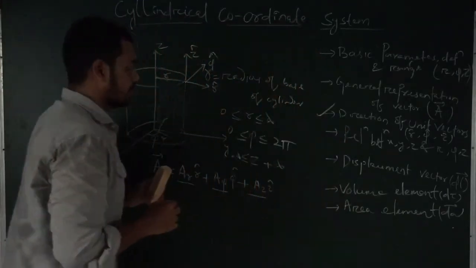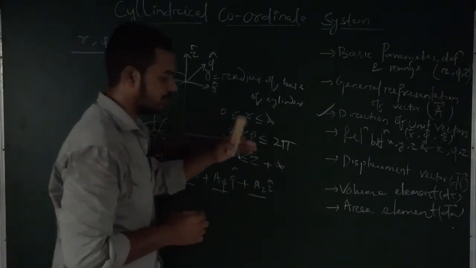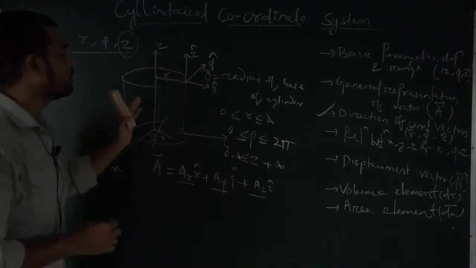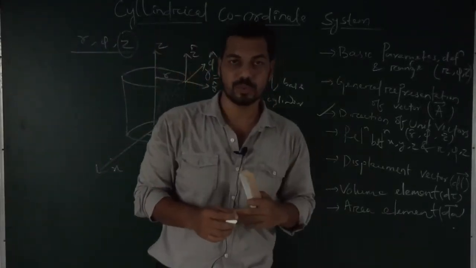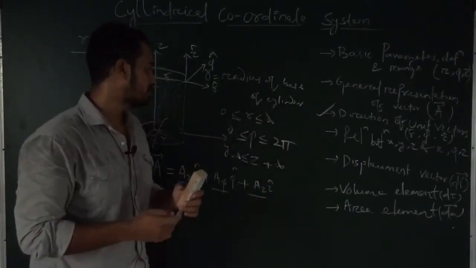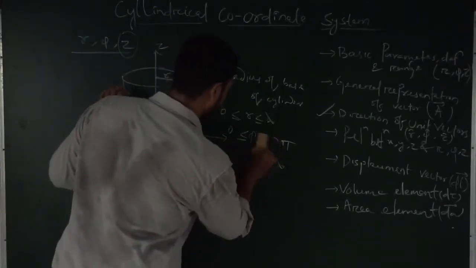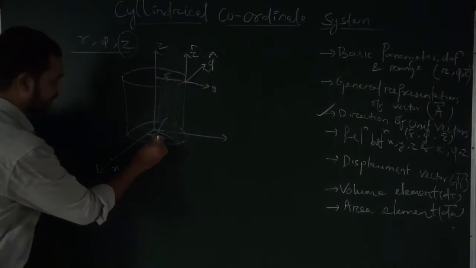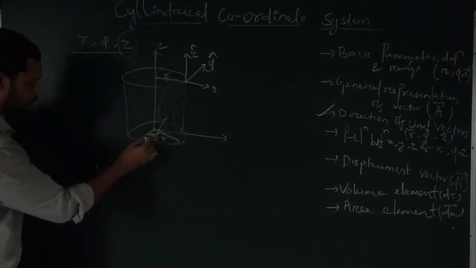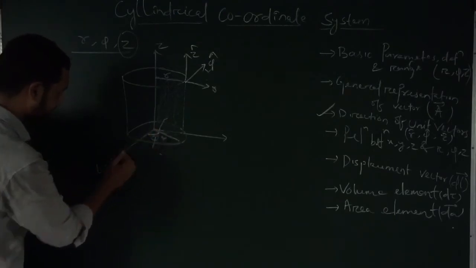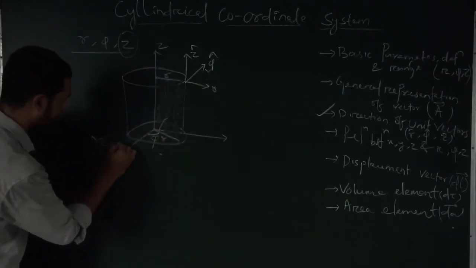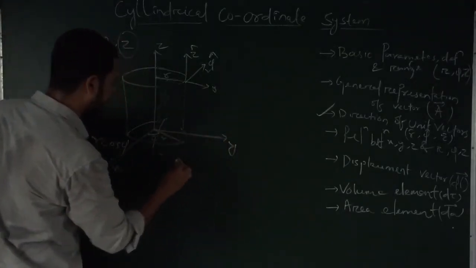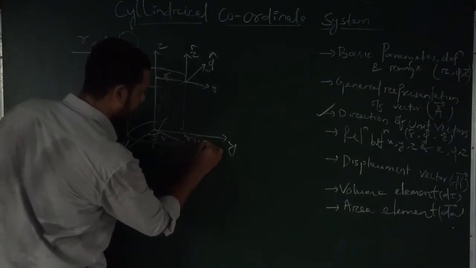So let's see what's the relation between x, y, z and r, phi, z. That is the relation between the Cartesian coordinate system parameters and the cylindrical coordinate system parameters. As r makes angle phi with the x-axis, the component along the x-axis will be r cos phi, and the perpendicular component along the y-axis will be r sin phi.